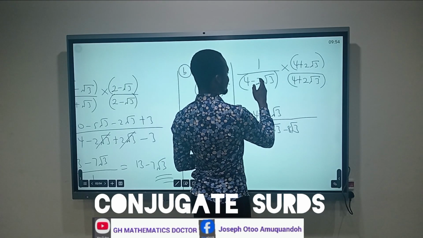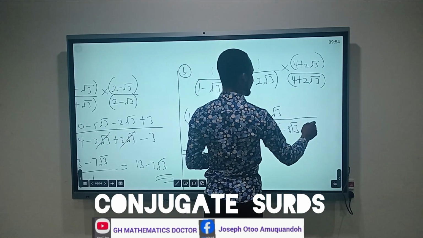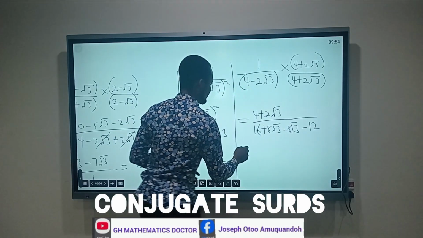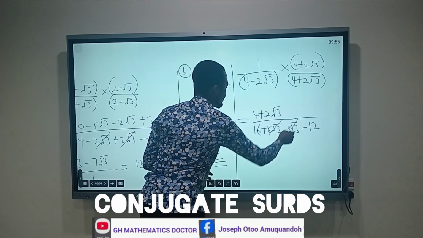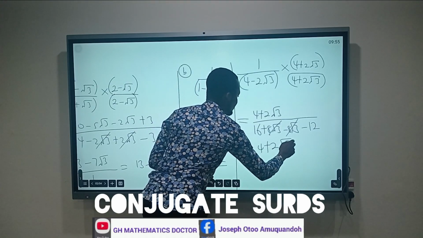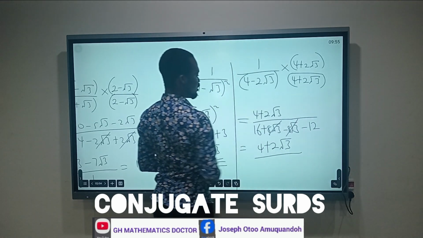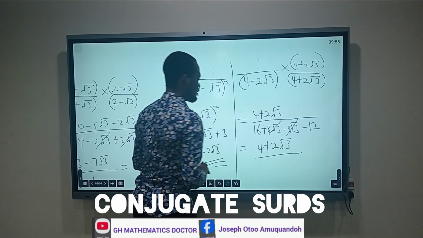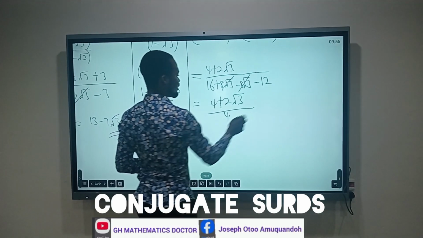Then this multiplying this will give you negative 12. So this will give you 0. So we have 4 plus 2 root 3 over 16 minus 12, and that is 4. This answer can also be written in another form.